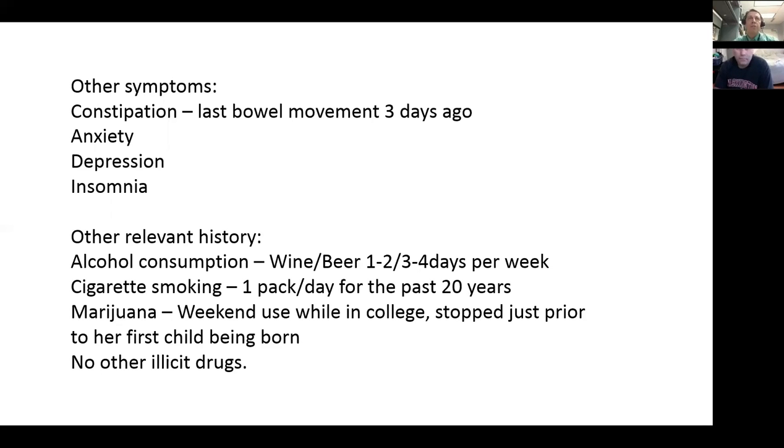Other relevant history is that she does drink 1 to 2 glasses of wine or cans of beer 3 to 4 times per week. She continues to smoke 1 pack of cigarettes per day and has done that for the past 20 years.